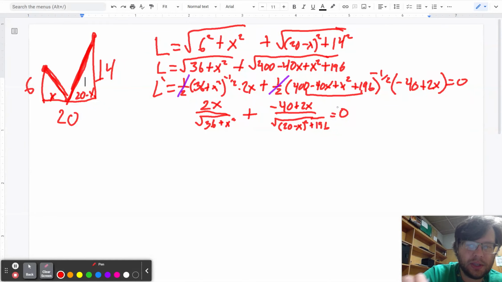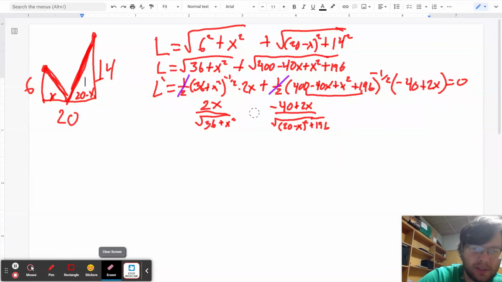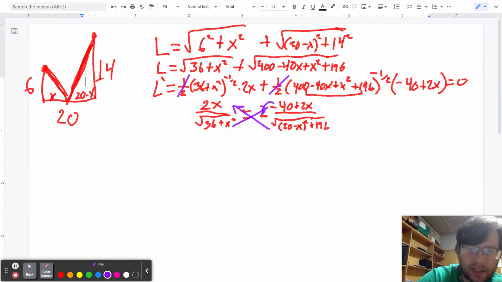So then, if this is equal to 0, I can cheat a little bit and just subtract this second piece from both sides, making this into an equal sign. So I'm going to cross multiply here. This goes there, this goes there, and I'm going to distribute the negative like that.